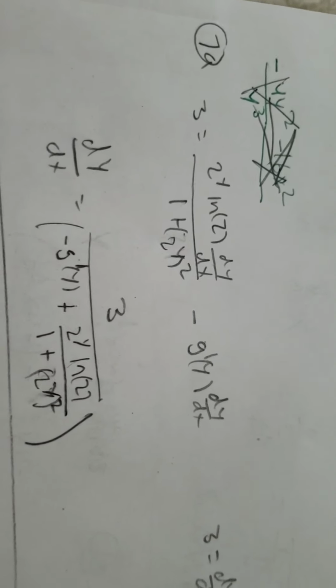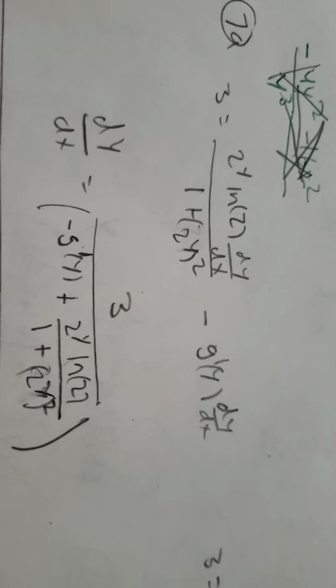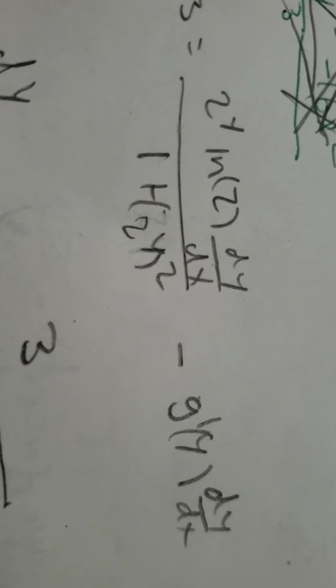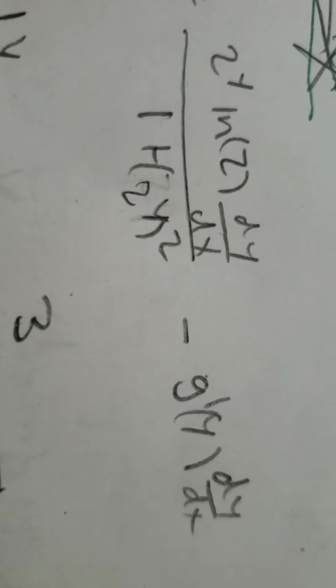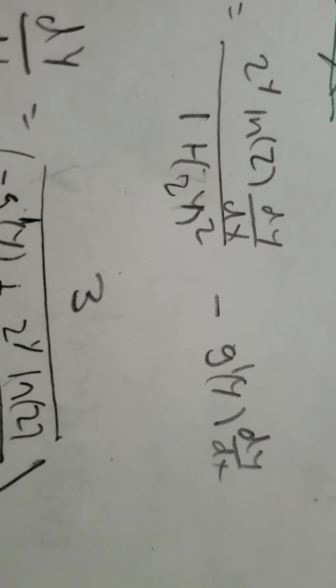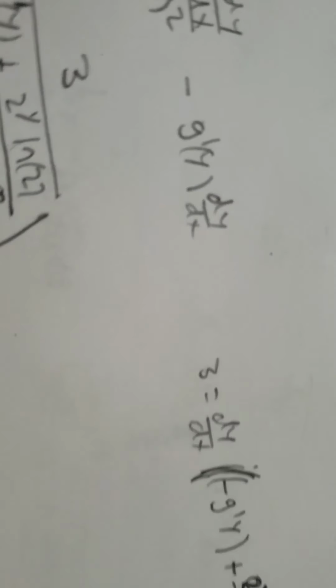Tan inverse of 2 to the y equals derivative of 2 to the y over 1 plus 2 to the y squared. Derivative of 2 to the y equals 2 to the y times ln of 2 times dy over dx, minus the derivative of g of y, which equals g prime of y times dy over dx.